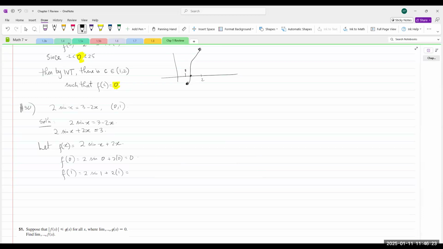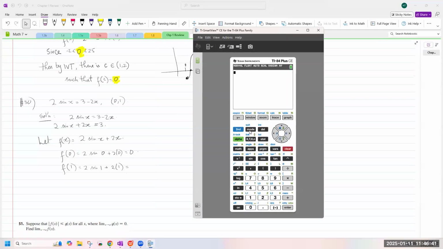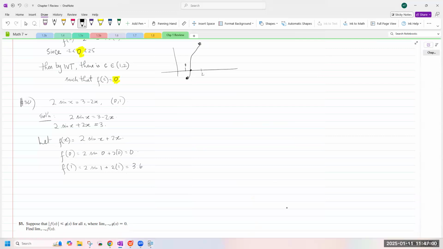Let me use my calculator. The 1 there is in radians, so this has to be in radian mode. Okay, it's already in radian. So 2 sine 1 plus 2 times 1, that's equal to 3.68 something.